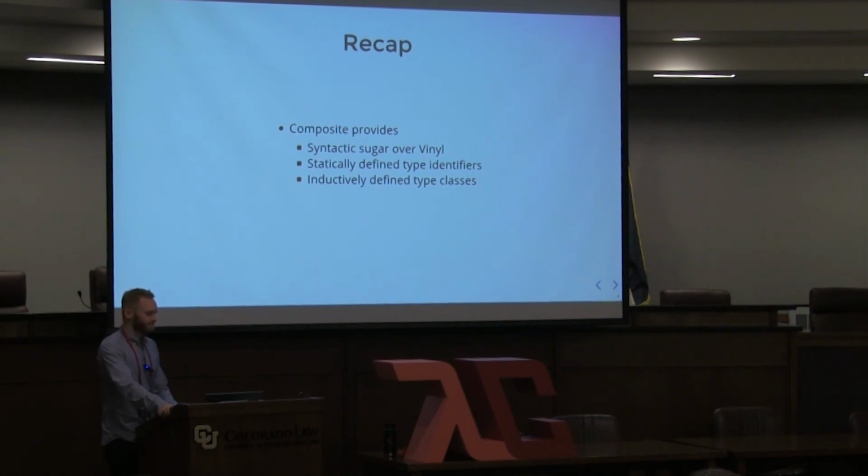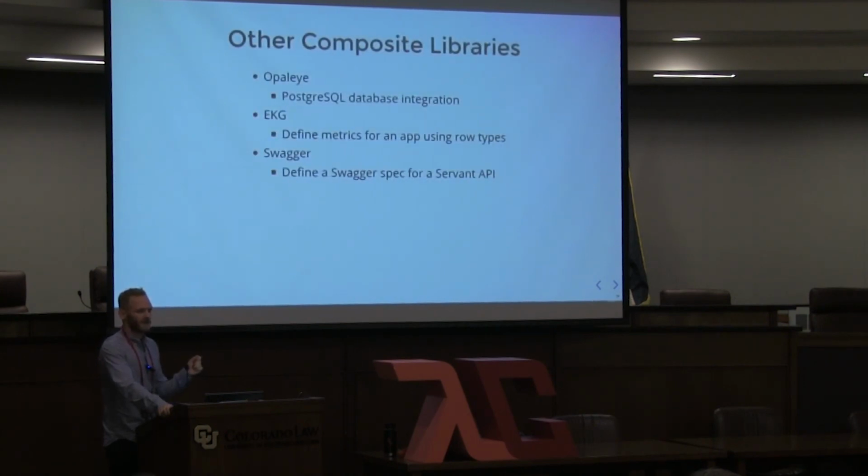And if you go look in the Composite GitHub, you will see integrations for other libraries, for Opaleye, for EKG. For those of you who don't know what EKG is, it's a way to collect metrics about your service. And Swagger. Swagger, for those of you that don't know, is a way to define a spec for the API surface area of your service, and then you can generate a client in different languages.